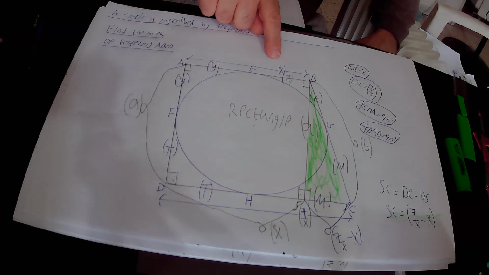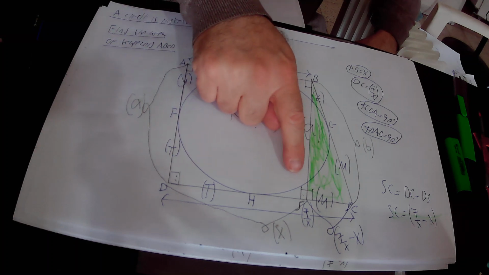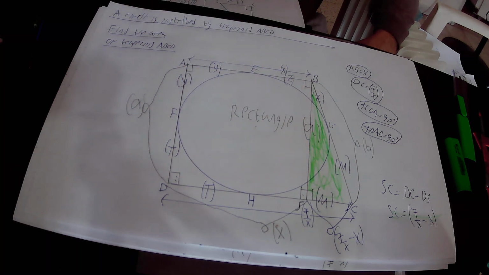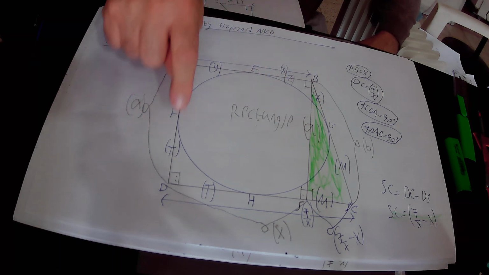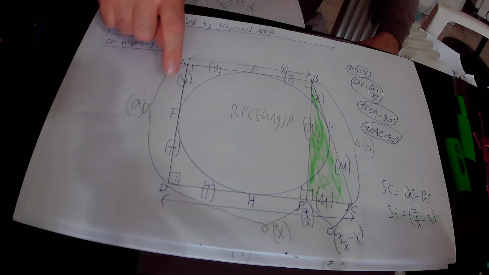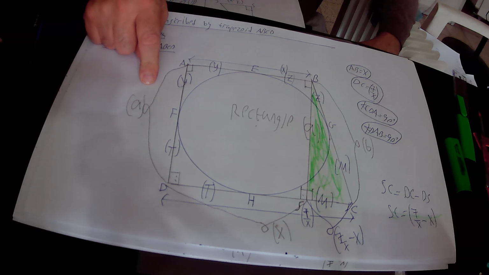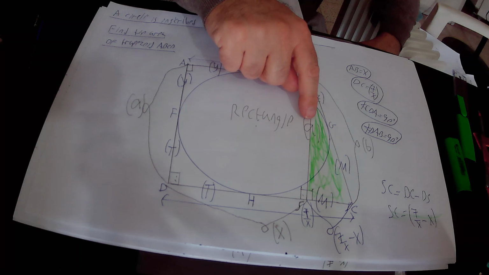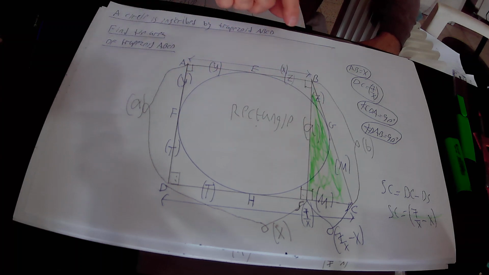But AB is X, therefore DS must also equal X. Likewise, in the same rectangle, side AD must be equal to the opposite side BS. But AD is A, therefore BS must also equal A.